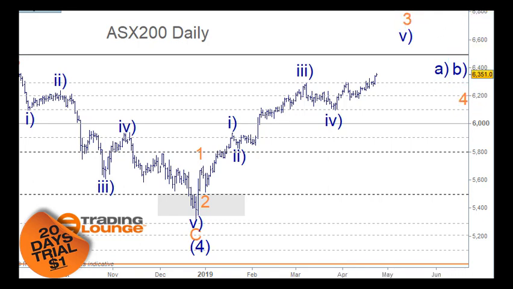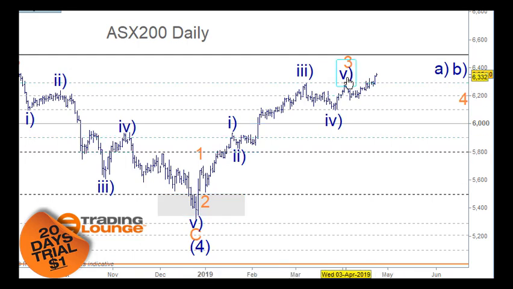Now, just while we're here, we were talking about this wave 3 as a possibility, and we were looking for an A, a B and a C here because we were looking for that on the US markets. But as I mentioned before, this wave 5 here was rather small compared to wave 1.